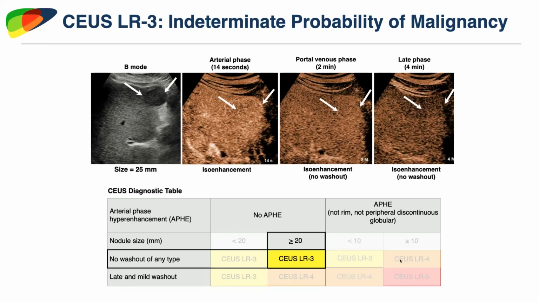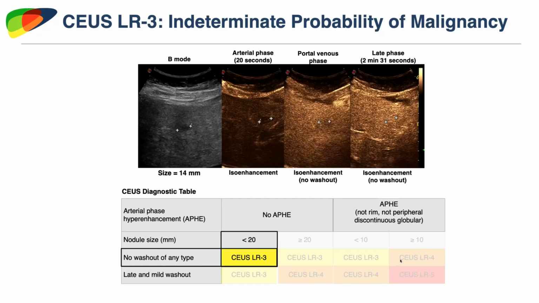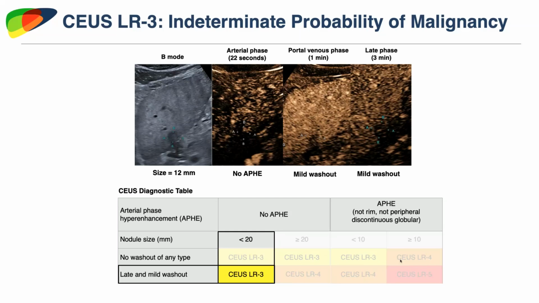Here's a 2.5 centimeter observation without arterial phase hyperenhancement and without washout. So looking at the diagnostic table, we're in the column of no APHE, greater than or equal to 2 centimeters, LR3. And then less than, obviously the same thing, without arterial phase hyperenhancement or washout, we're still in the LR3 category in this case here.